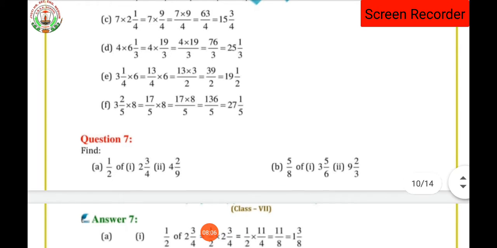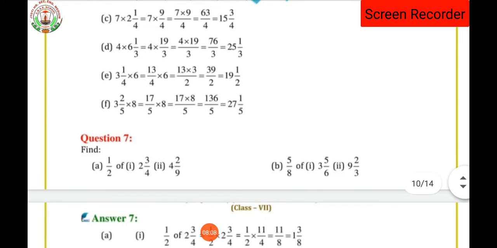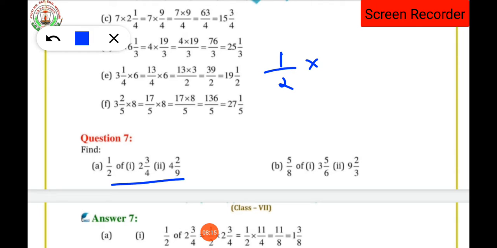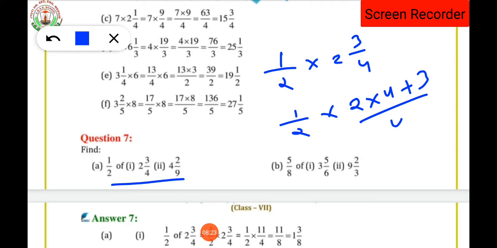Question number 7, here it is said to find, that means you have to do the multiplication again. So 1 by 2 into, first part is 2 3 by 4. So mixed fraction form you have to change into improper fraction, that is 2 into 4 plus 3 upon 4. So here 2 into 4 is 8. 8 plus 3 upon 4.